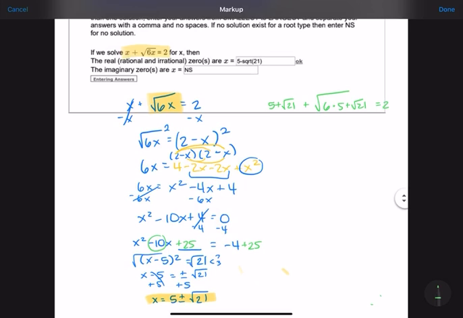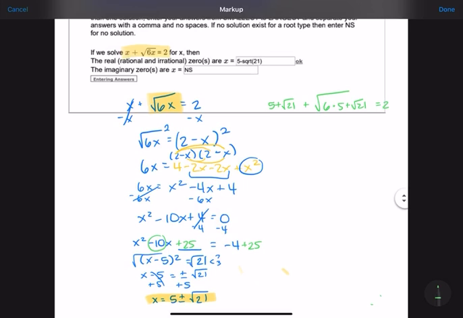So 5 plus the square root of 21 is approximately 9.58, and then I'm multiplying that by 6, and that gives me a positive number under the radical.